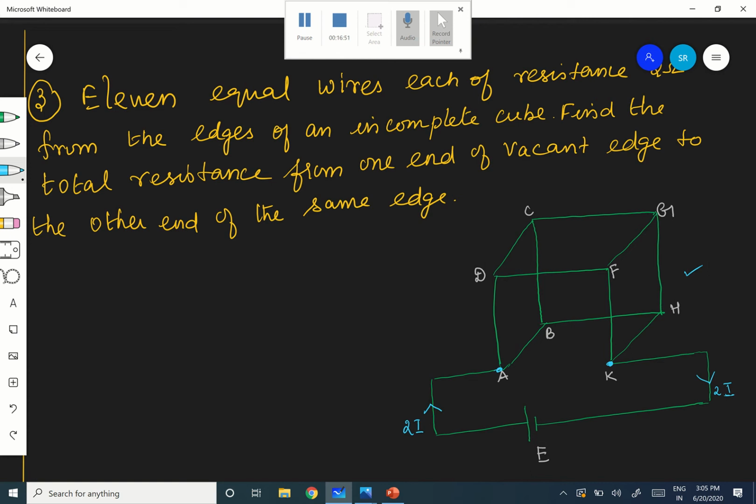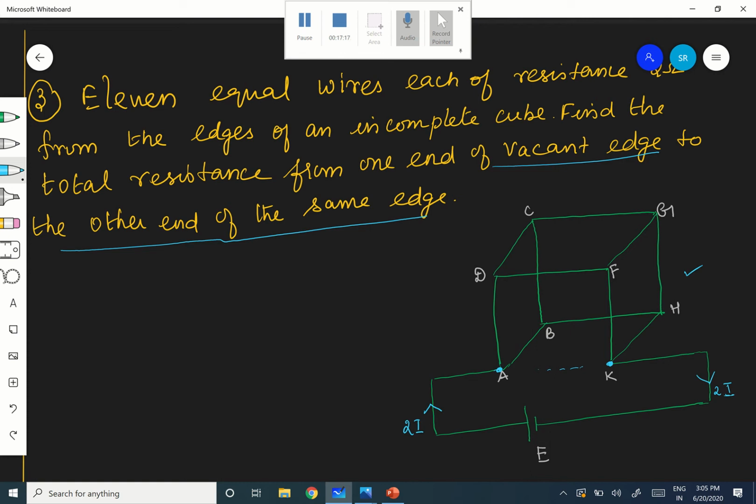We are asked to find the total resistance between the terminals A and K. Why? Because it is the total resistance from one end of the vacant edge to the other end of the same edge. Vacant edge means this side only, it is incomplete. Therefore, between A and K, you have to find the equivalent resistance.